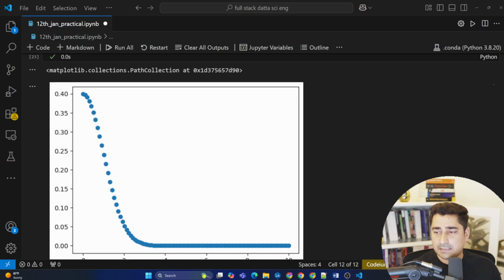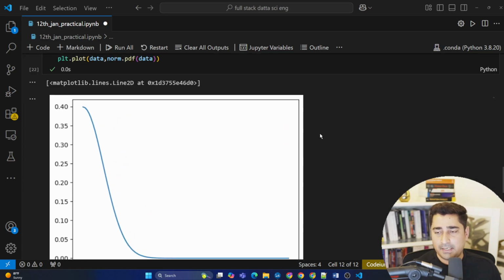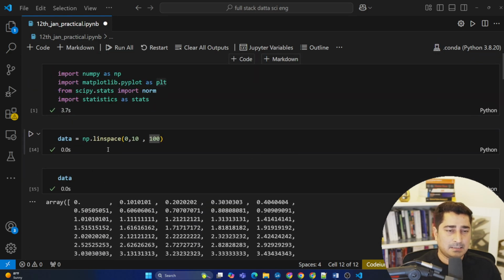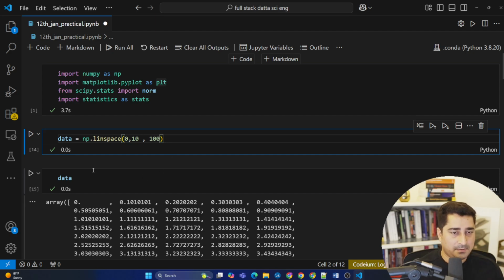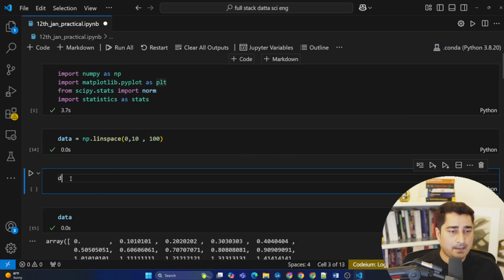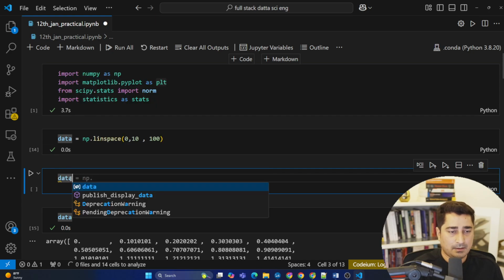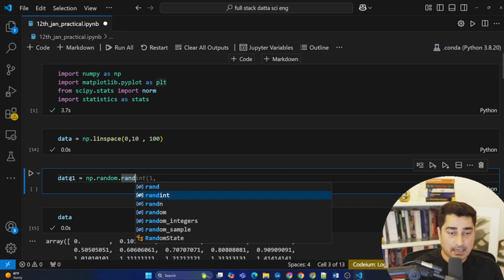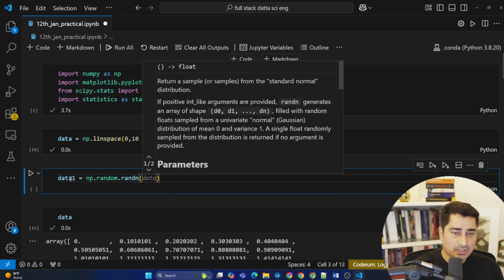Now what I will do is I'll try to create some more data. So maybe I can go over here and produce data 1, and this time I will be using the numpy random dot randn function.